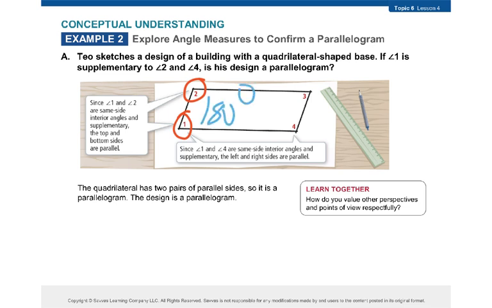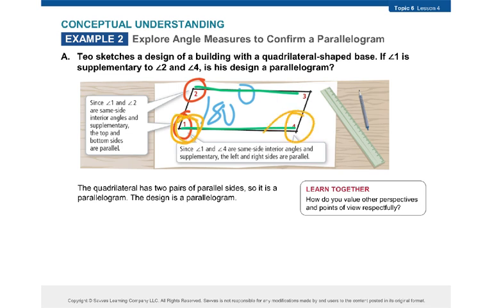Now, for the same side interior angles, since it's supplementary, the top and the bottom sides are parallel. So where is it? The top and the bottom sides are parallel. Now, the same concept applies to angle 1 and angle 4.